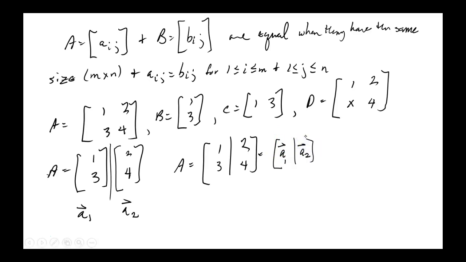Since those technically are vectors, and they bolded them in the book, I'm going to write them with arrows over them.